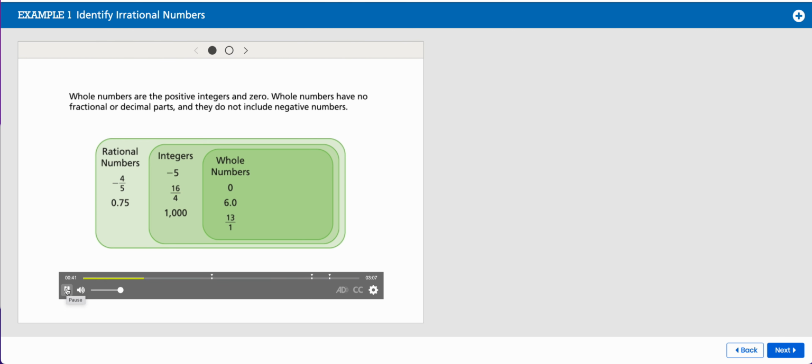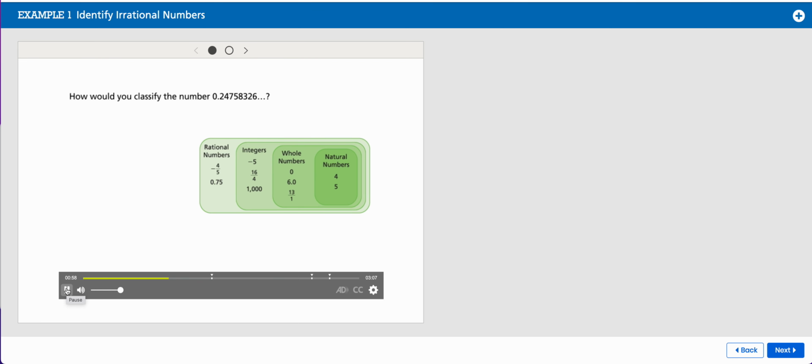Whole numbers have no fractional or decimal parts, and they do not include negative numbers. A natural number is a positive integer greater than zero. Negative numbers and fractions are not natural numbers. How would you classify the number 0.247583326 and so on?